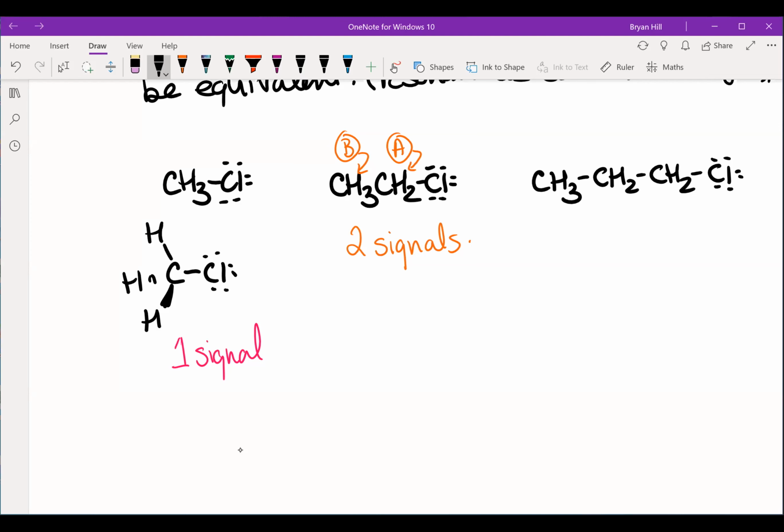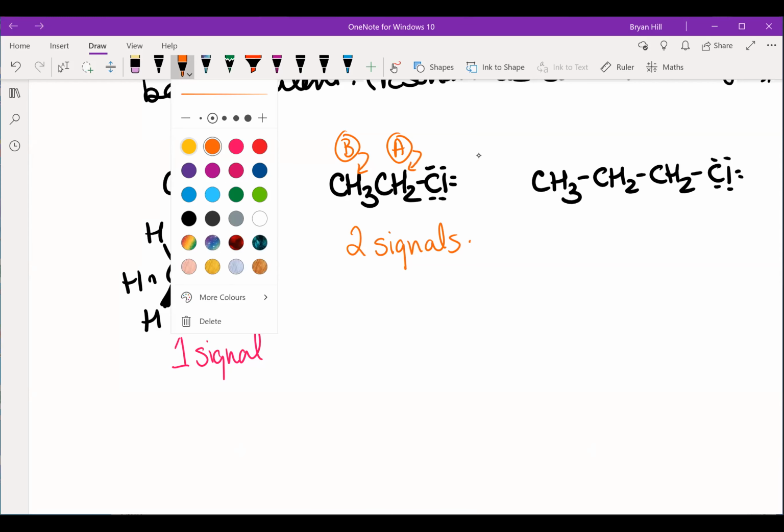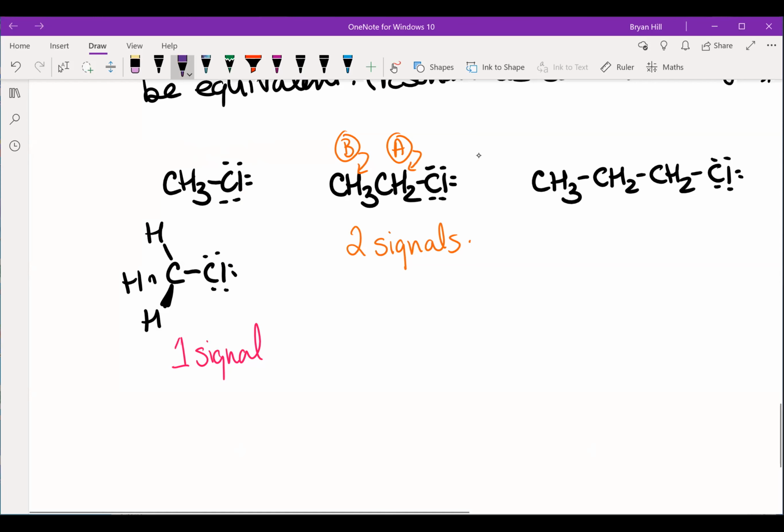How many signals should we see in a situation like this? Right, 3. So I will number these A, B, and C. So we should see 3 signals.